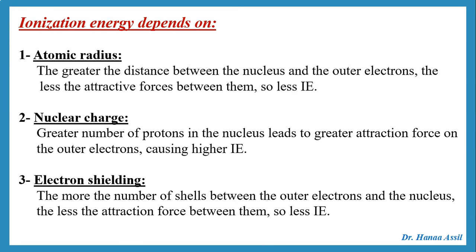So I will need less energy. But if the atom has a small radius, or the radius is becoming smaller, then there will be a greater attraction force to the positive nucleus. It will be more difficult to remove the electron, and therefore I will need more energy, higher ionization energy. So that's with respect to atomic radius.